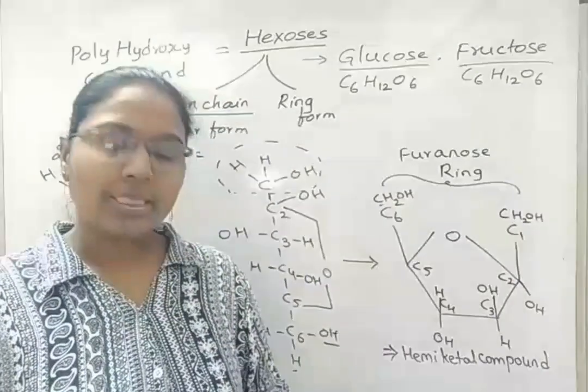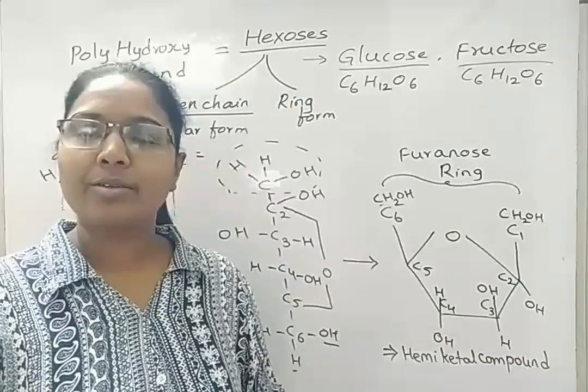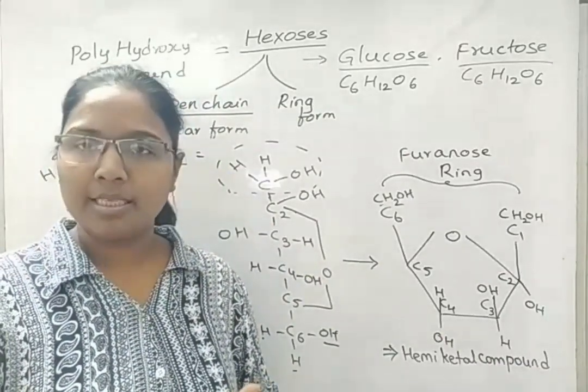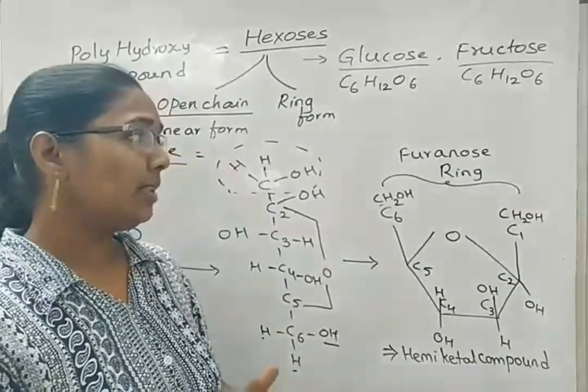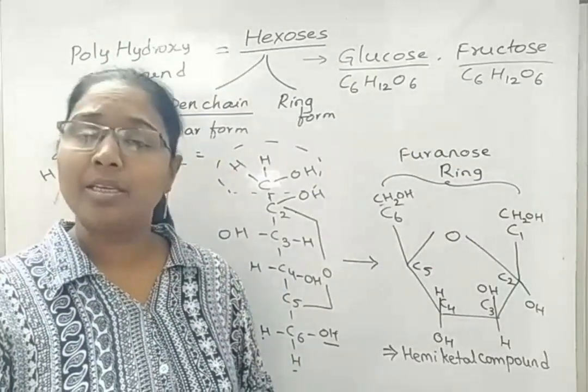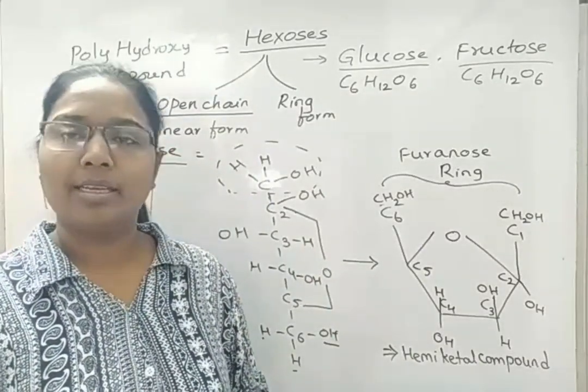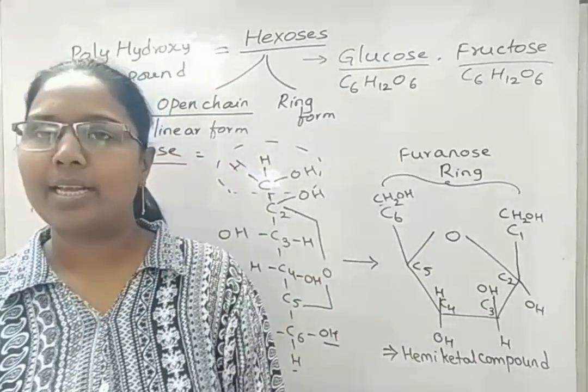So monosaccharides like glucose, fructose, galactose are all 6 carbon compounds with many OH groups, so they are called polyhydroxy compounds. Example: glucose, fructose, galactose.